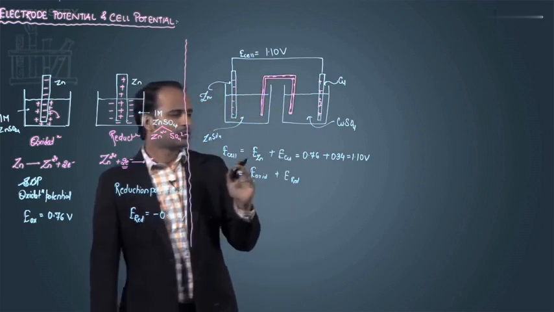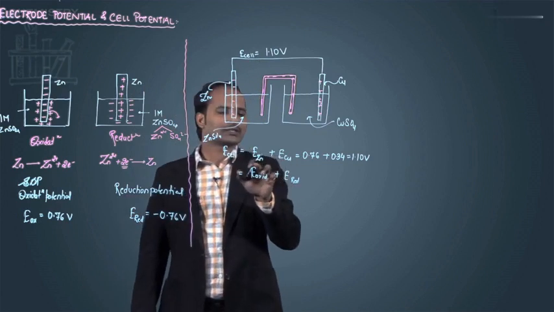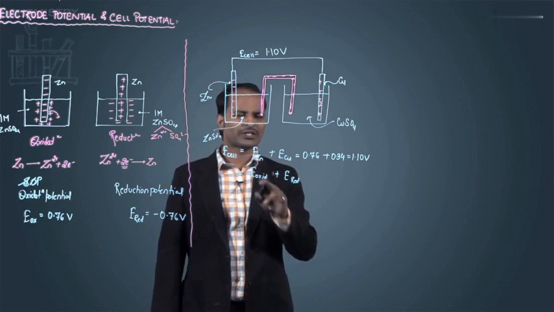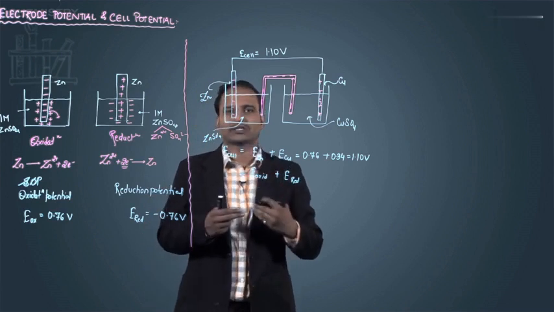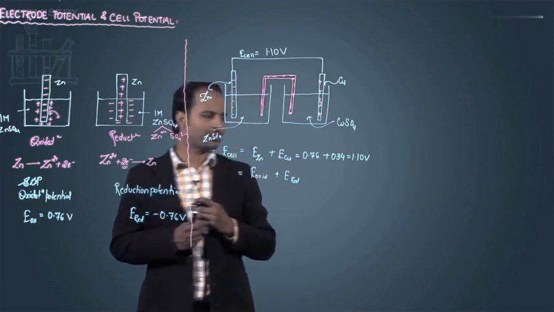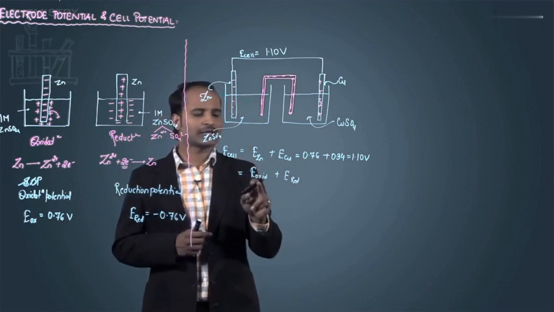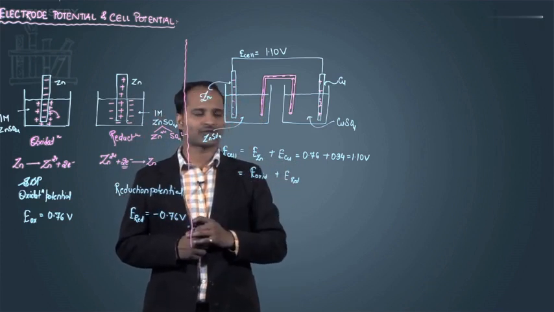Okay, but it's a sum. I wrote that it's a sum of the oxidation potential of zinc and the reduction potential of copper, but instead of using this formula we use some other formula. Now let us try to derive that formula. Here zinc oxidation is taking place and copper reduction takes place.